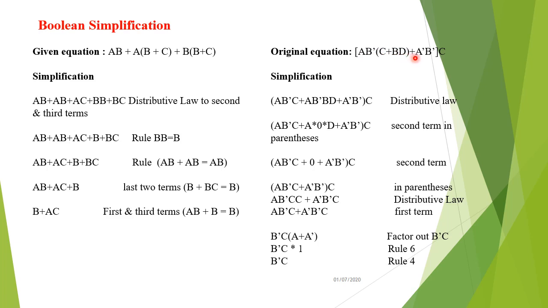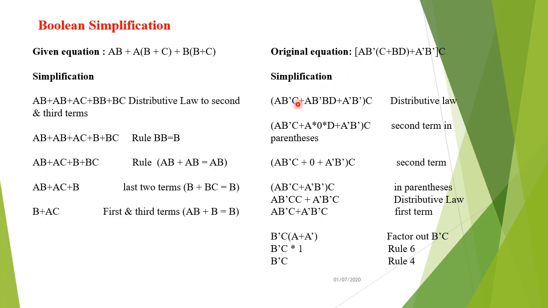Then this result is ORed with A complement B complement, and for this whole bracket, again ANDing with C. As the precedence goes to the inner bracket first, the distribution of A ANDed with B complement will be carried out inside this bracket.